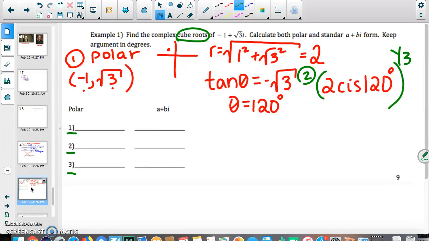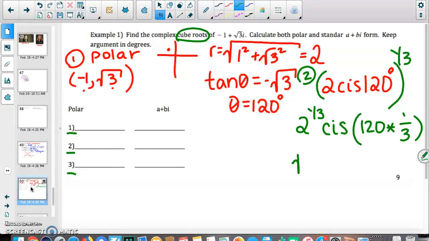You might not remember that, but a square root is the same thing as taking something to the 1/2 power, and a cube root is the same thing as taking something to the 1/3 power. So that becomes 2 to the 1/3 CIS 120 times 1/3.